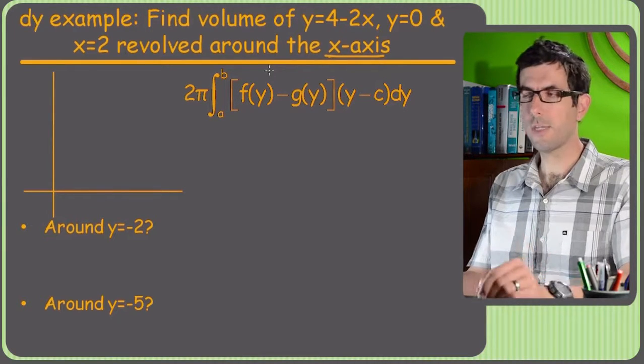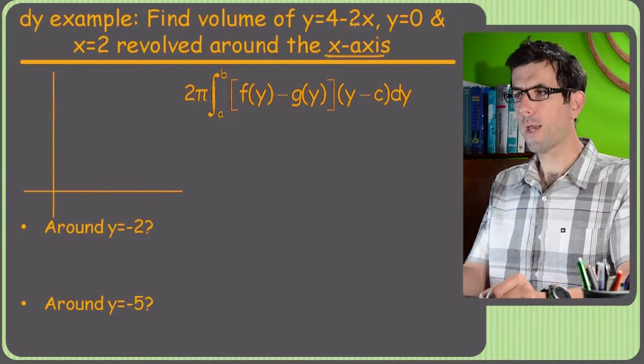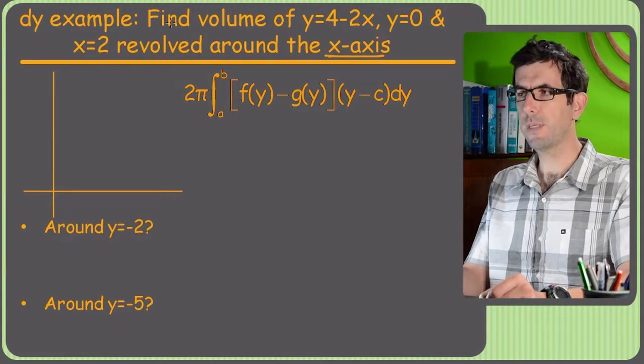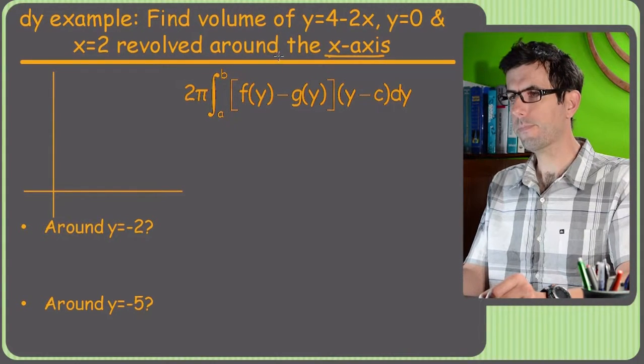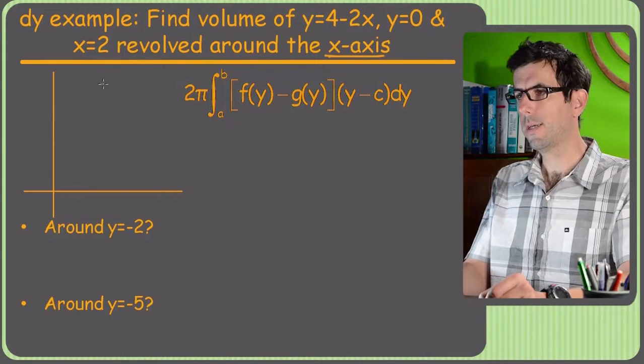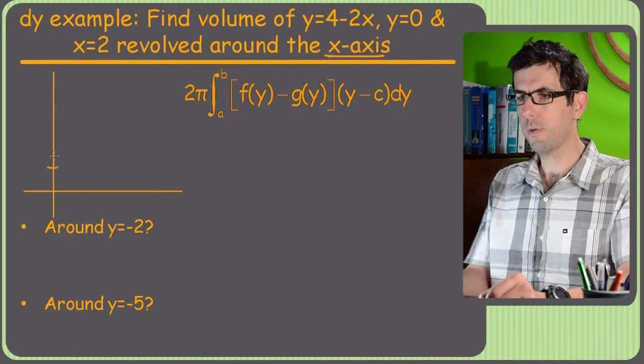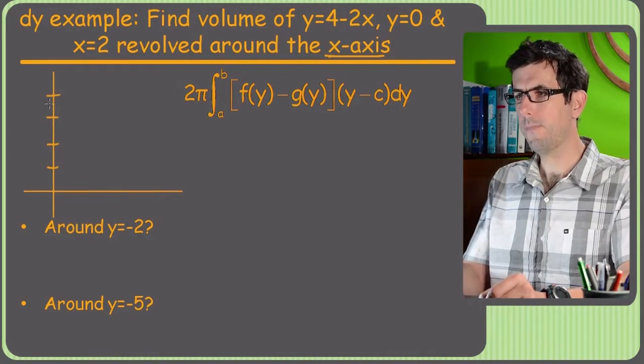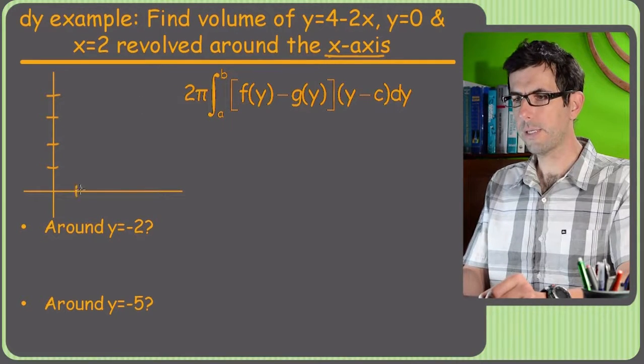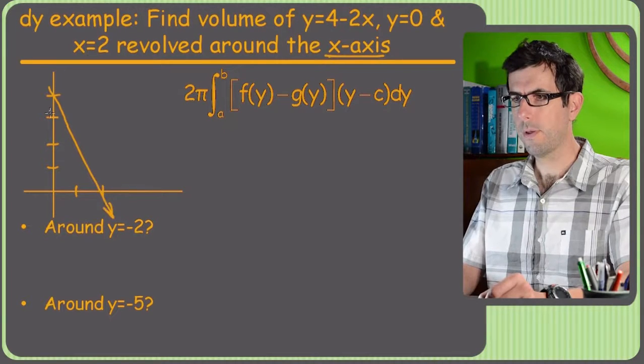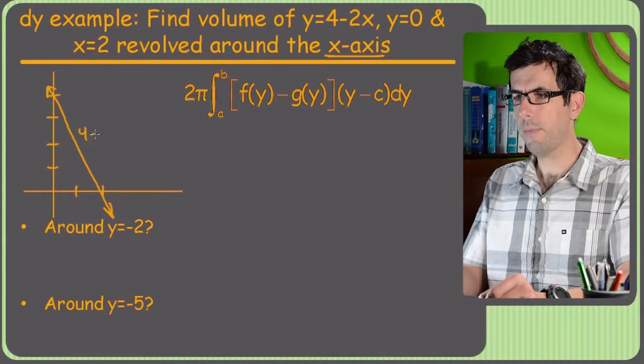First of all, we always sketch our region. So we got y equals 4 minus 2x. Okay, this is the region we did before. So 4 minus 2x, go 1, 2, 3, 4. And that intersects the x-axis right here because it's got kind of a steep slope. All right, so that's 4 minus 2x.